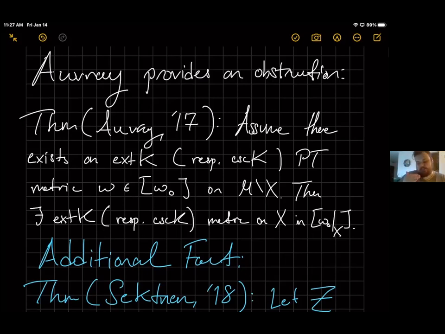So you're not going to be able to get an extremal Poincaré-Type metric off the hypersurface unless you actually have an extremal metric on the hypersurface. And you're not going to be able to get a cscK Poincaré-Type metric off the hypersurface unless you actually have a cscK metric on the hypersurface in the specified Kähler class.